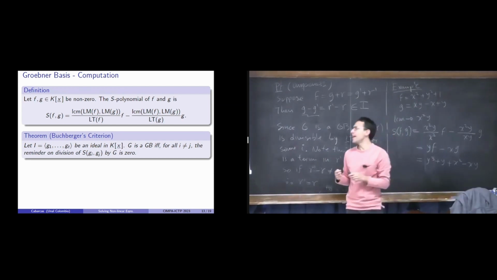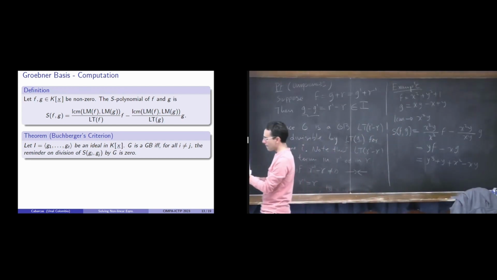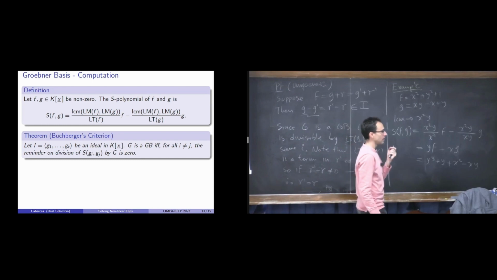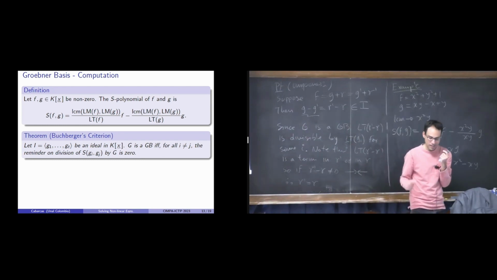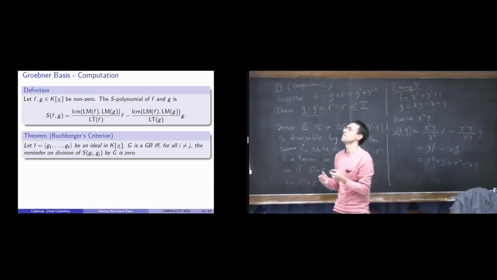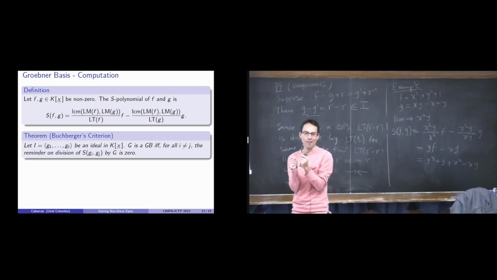So if and only if for every S polynomial of a pair of polynomials in G, the remainder of dividing that S polynomial by G is 0. And the importance of this is that it gives us a finite set of tests we can do to verify that this thing is a Groebner basis.